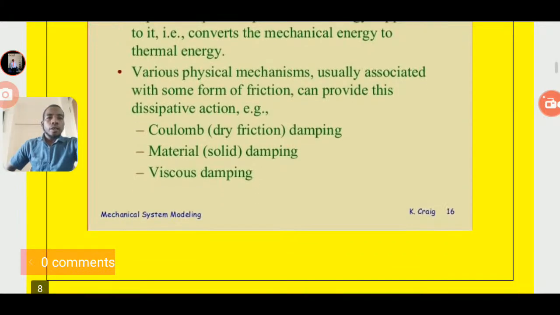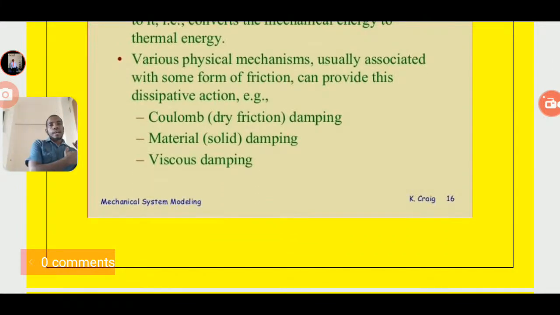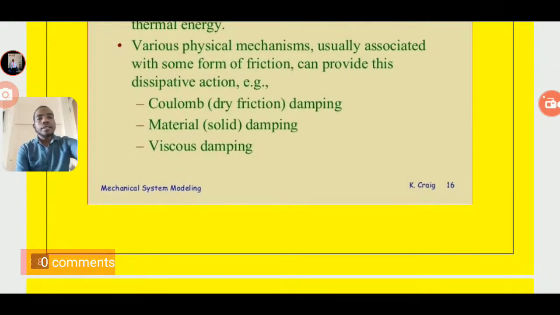Various physical mechanisms usually associated with some form of friction can provide this dissipative action of the damper. So the damper is the friction element, whereas the mass is the inertia element.